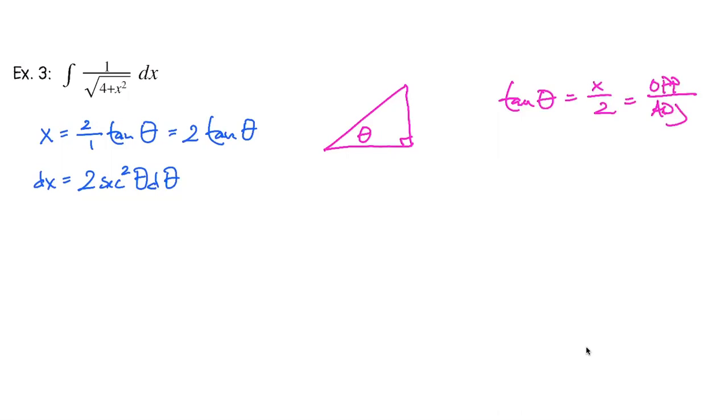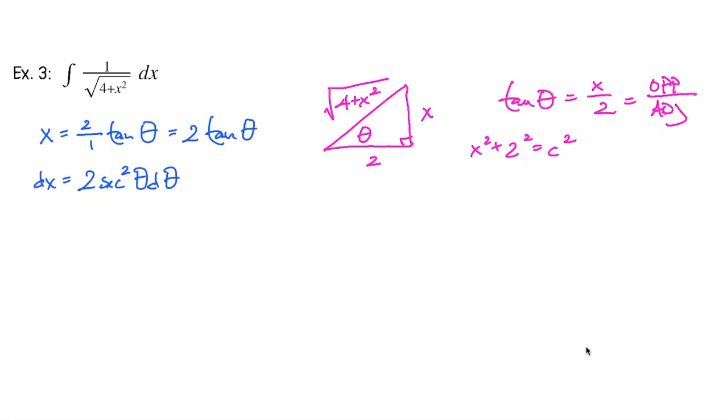So the side opposite from theta is x, and the side adjacent to theta is 2. And now, when we use our Pythagorean theorem to find the missing side, and some of you have already caught on to this pattern, look at what we're going to get. Okay. And we got that using x squared plus 2 squared equals the hypotenuse squared, and then we just took the square root of both sides, right?